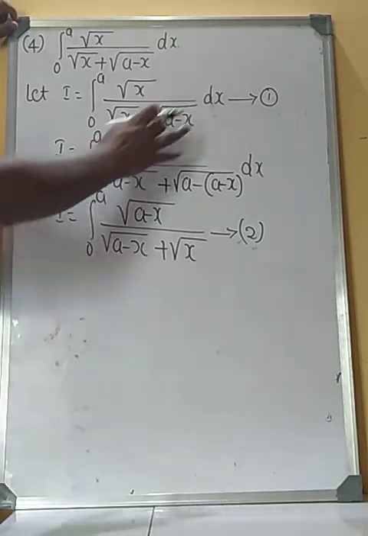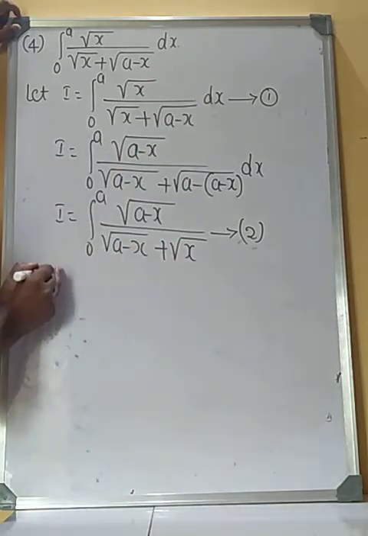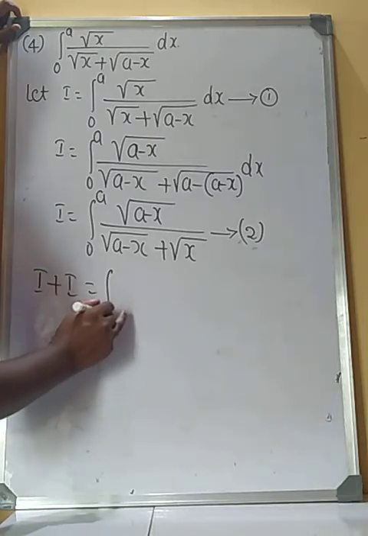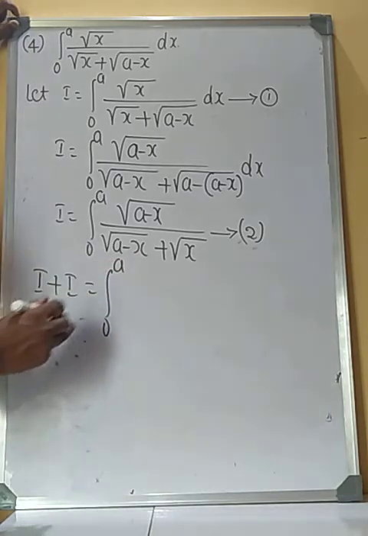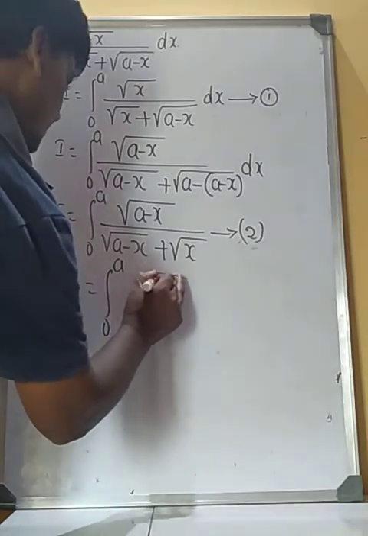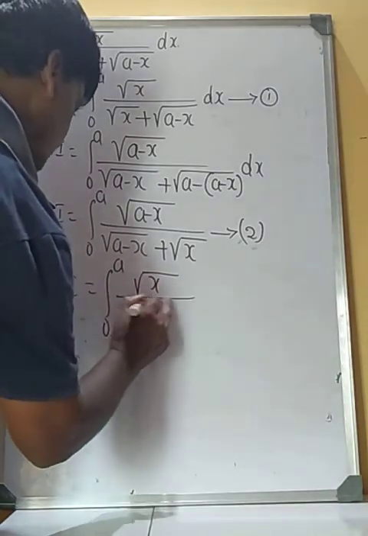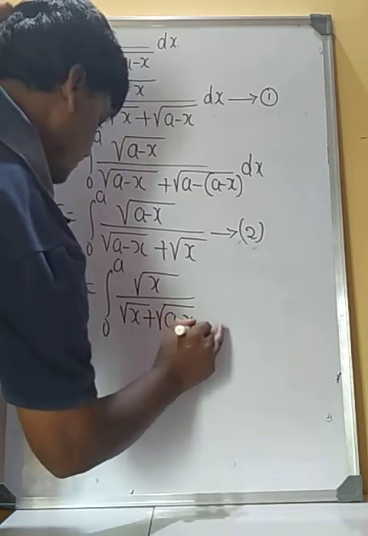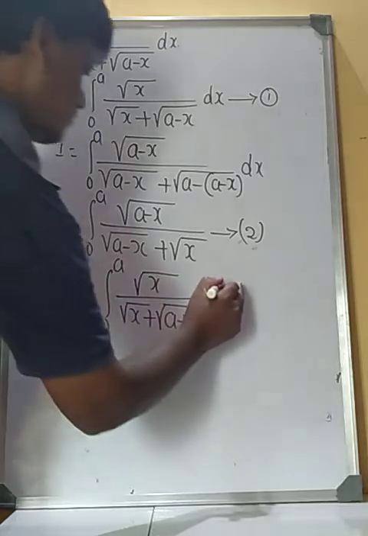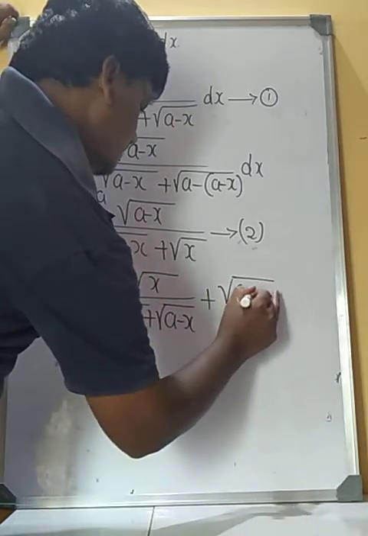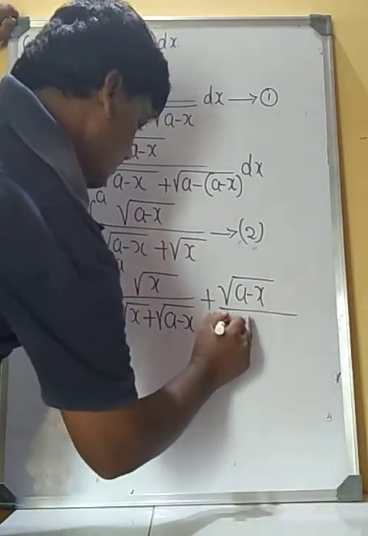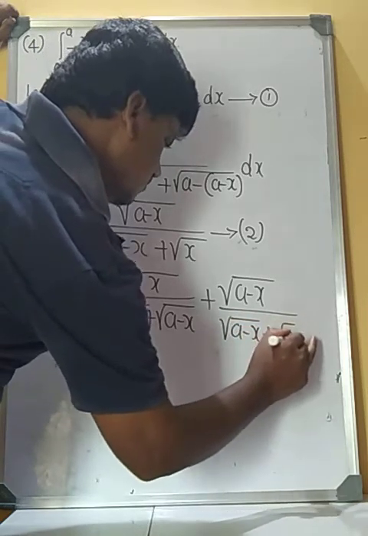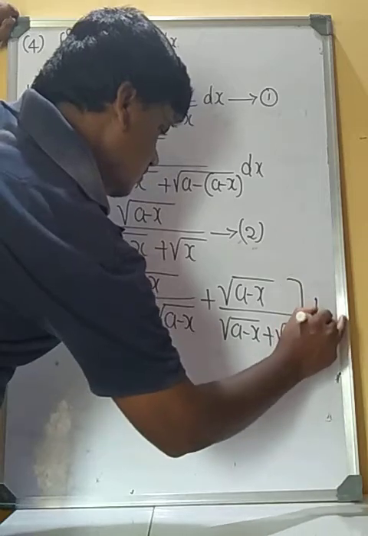Now adding equation 1 and 2, I plus I equals integral 0 to a root x divided by root x plus root of a minus x, plus root of a minus x divided by root of a minus x plus root x, into dx.